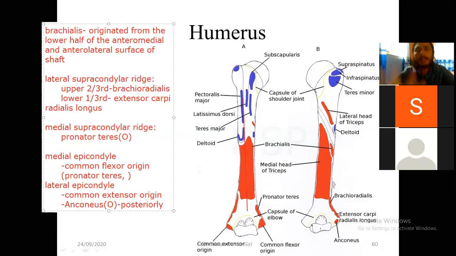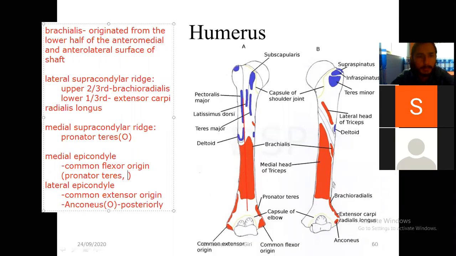See my five fingers: suppose this is the common site of origin, and they are the five muscles. This is the pronator teres, this is the flexor carpi radialis, and this is the palmaris longus. This is the flexor digitorum superficialis, and this is the flexor carpi ulnaris.